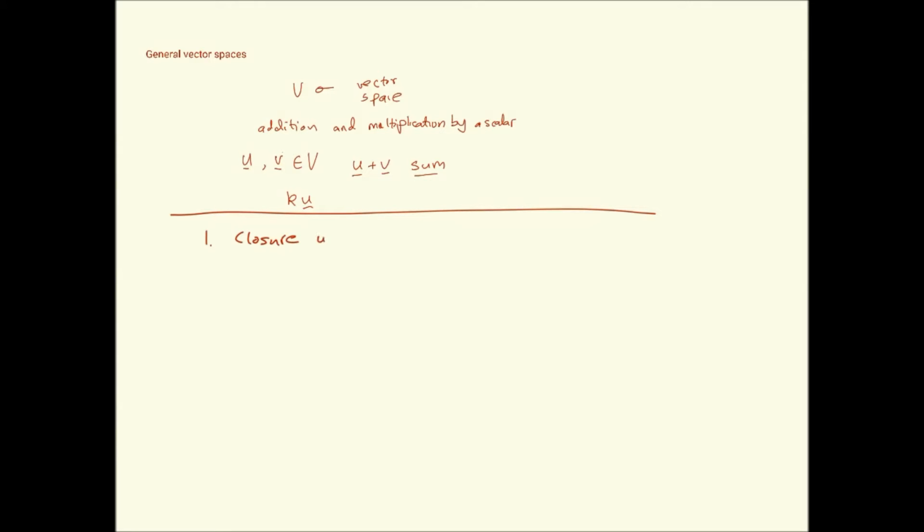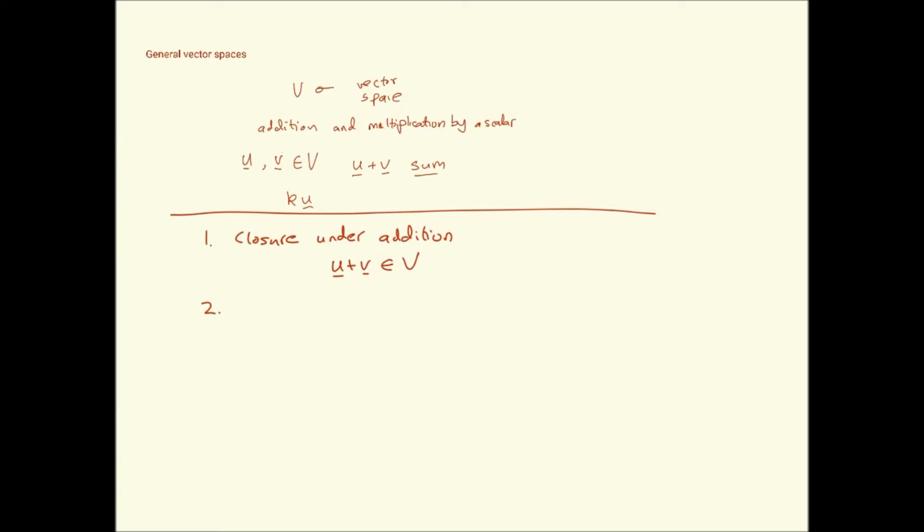What closure under addition means is that if U and V belong to V, then the sum U plus V also belongs to V. So if U and V are objects in V, then U plus V must be in V as well. That's a very important axiom and something we haven't actually seen before.